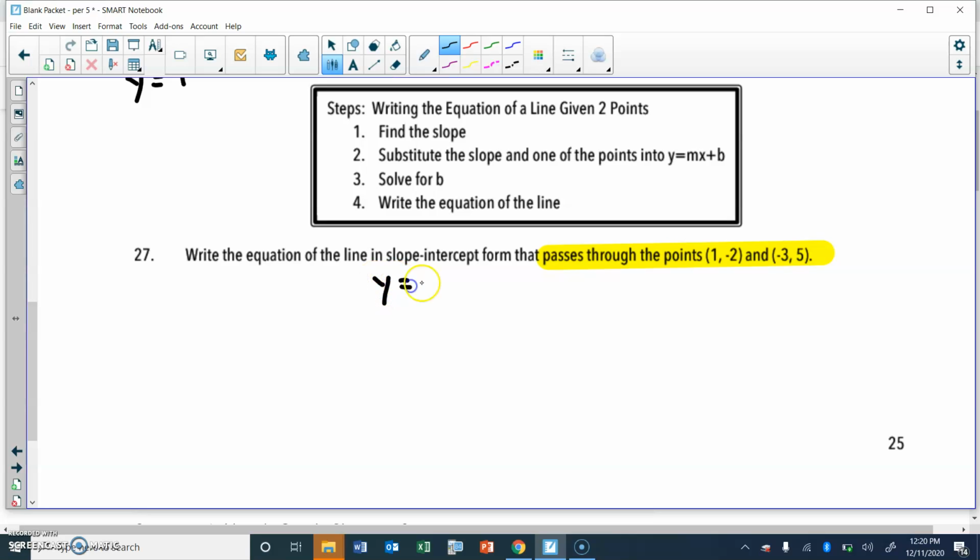So we know we're going to do y equals mx plus b, and we're going to have to fill in the m and the b. We start out with m equals, b equals, x equals, y equals.